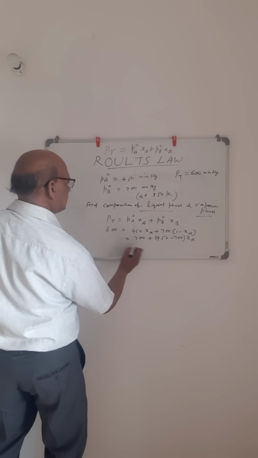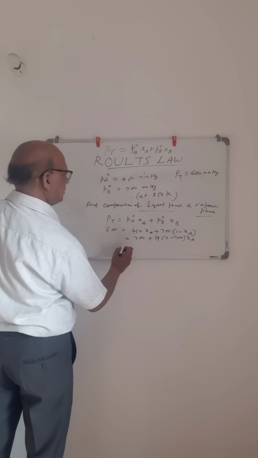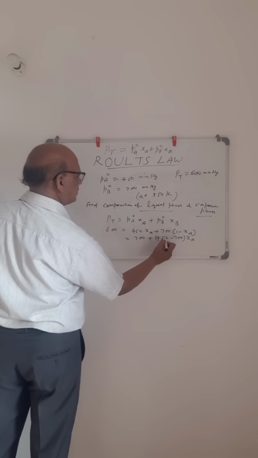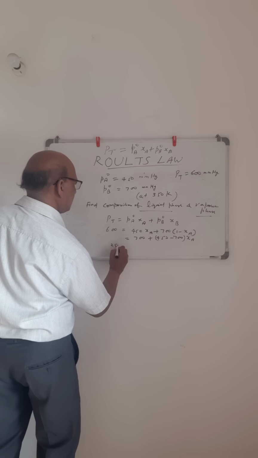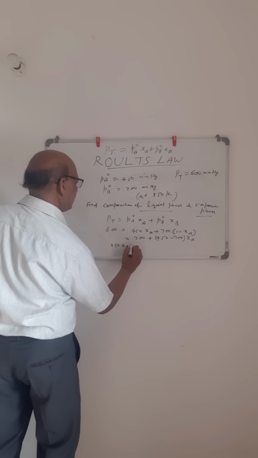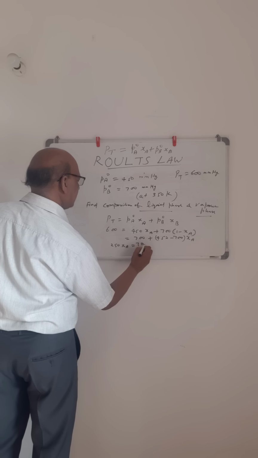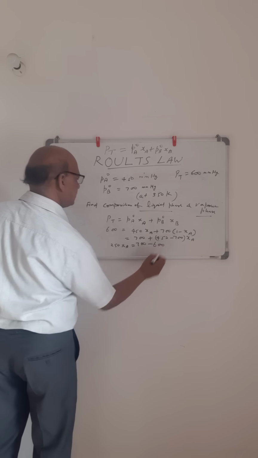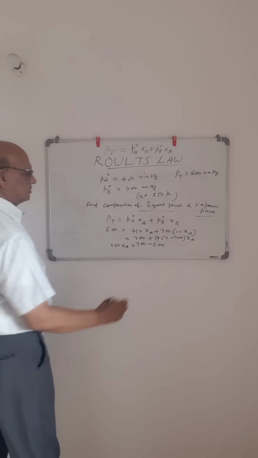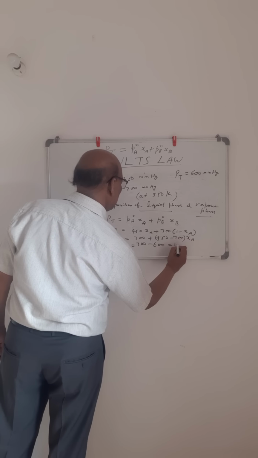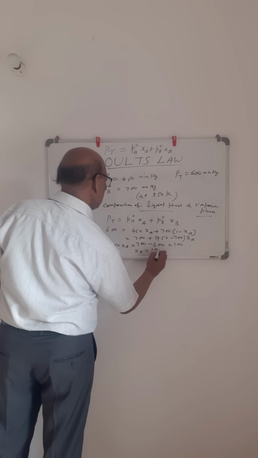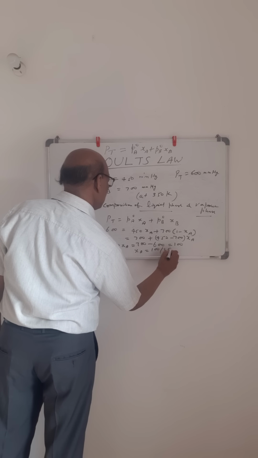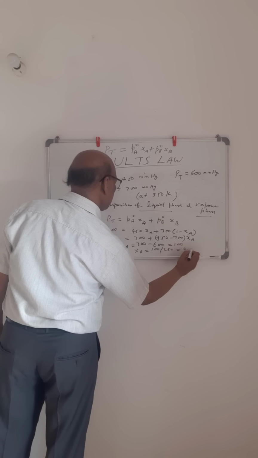And if we bring this on the left side, it will be 250 XA equal to 700 minus 600. So this will be 100. So XA will be 100 divided by 250, that is 0.4.